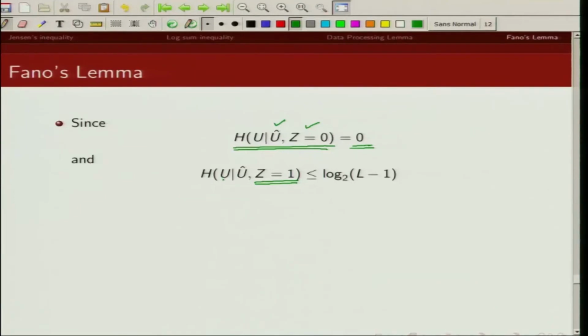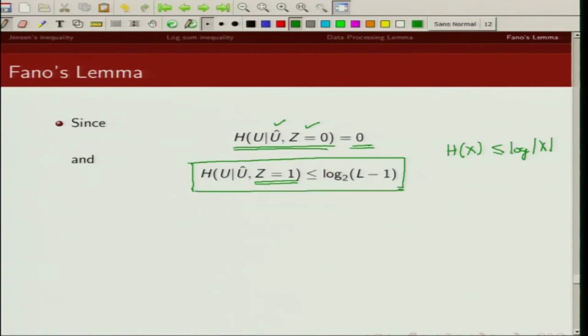You know that U can take any value except U hat, and we know that for a discrete random variable, the entropy is upper bounded by the log of the number of possibilities. In this case, the number of possibilities for U is L minus 1, because U is not the same as U hat and U is an L-valued random variable. So this entropy is upper bounded by log of L minus 1.